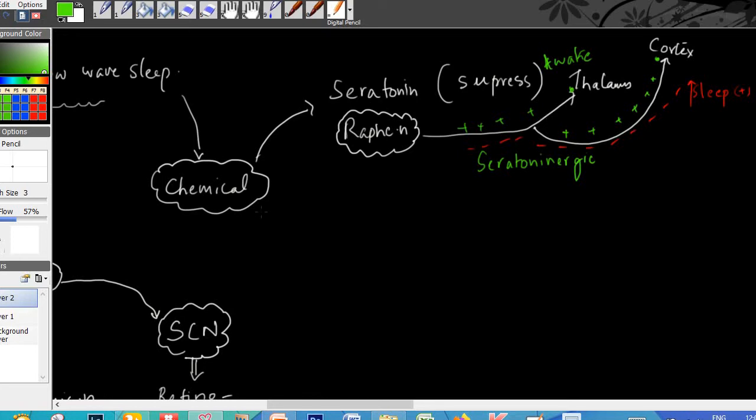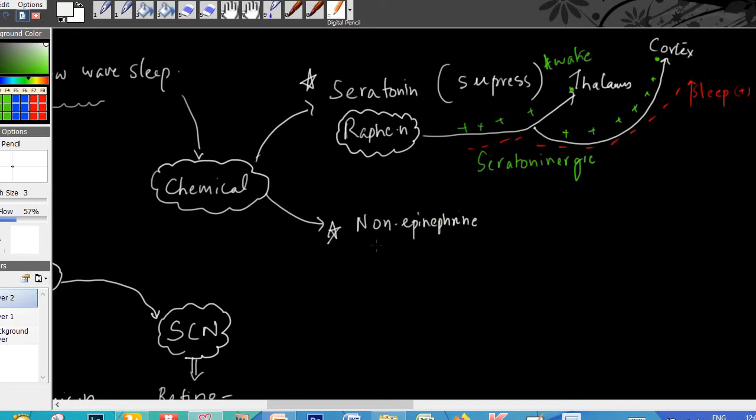Now we will come to the next chemical. This was the first chemical, serotonin. The second chemical is norepinephrine, or noradrenaline, as you say.